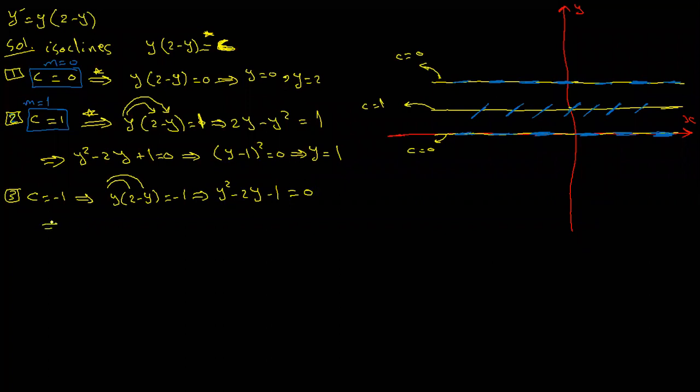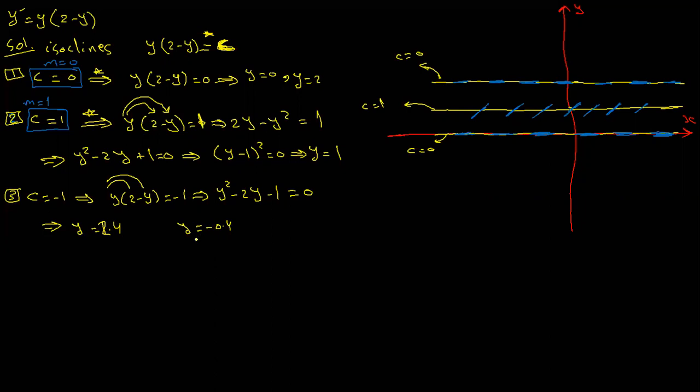So the y is what? What do you think? 1 plus root 2, 2.4 and negative 0.4. Great.